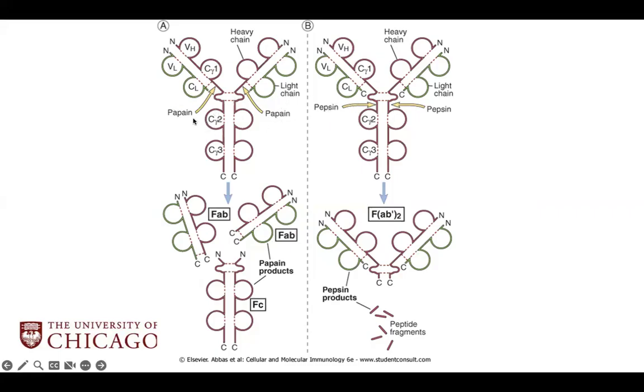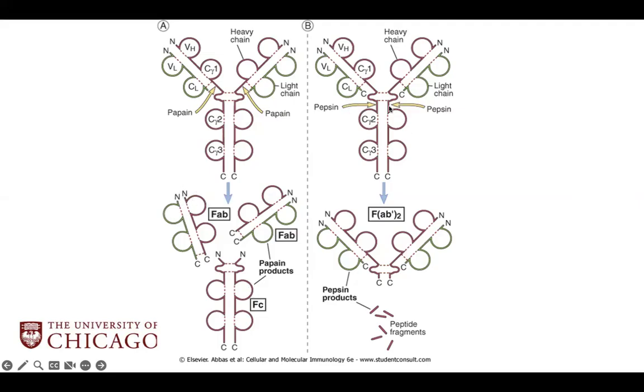Pepsin's here on the right, and papain's on the left. So papain, when you use it to degrade an antibody, selectively targets the region above the hinge. So when papain degrades the antibody, you get two FAB regions and one FC region. So two where you have this antibody binding.